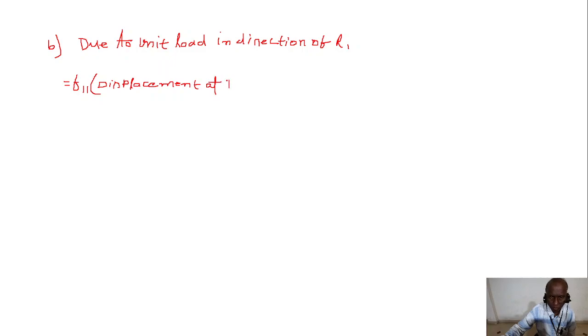That is, F11 equal to integration of m1 into m1 into m1 dx by EI.